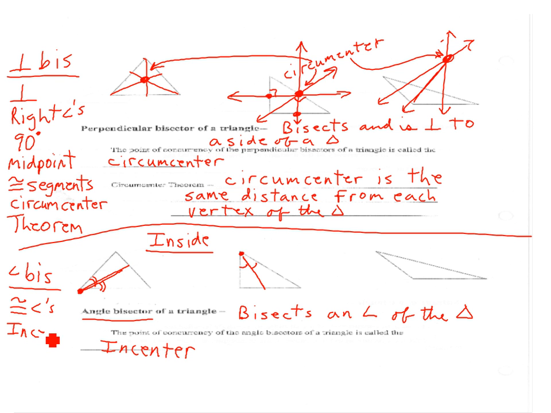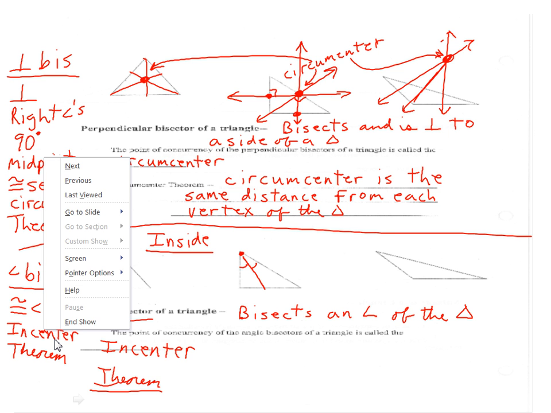Another word you should think of when you hear angle bisector and triangles is the incenter. And this should say incenter theorem down here. We'll come back to that theorem here in a second, and we'll write it out. So you should also think of the theorem.